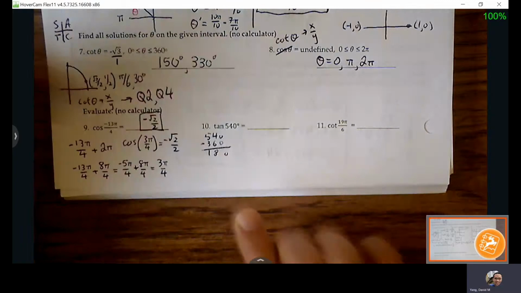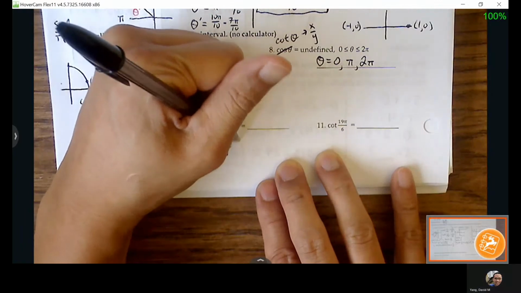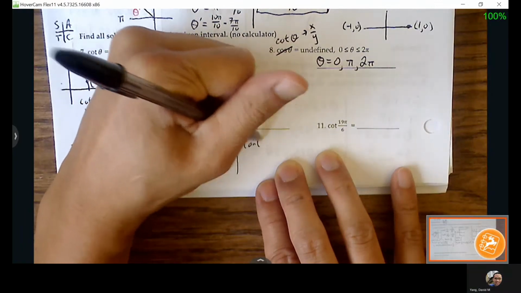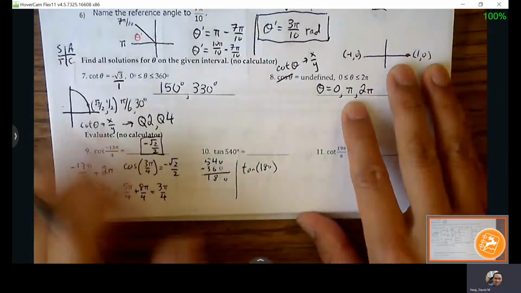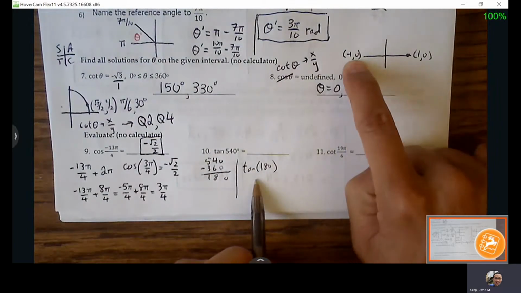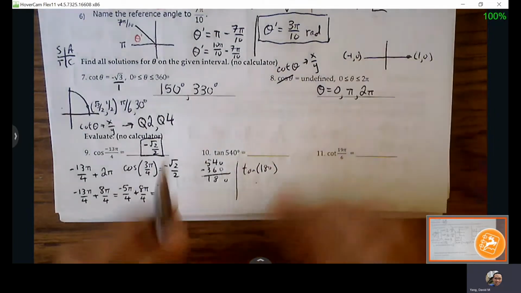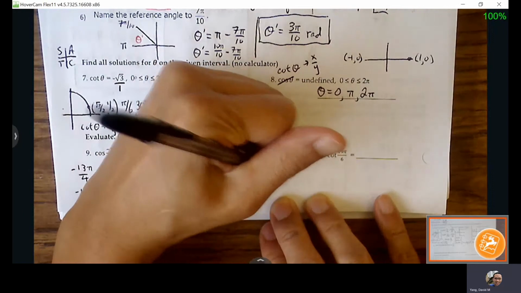So it's just tangent of 180, right? Tangent is y over x, 0 over -1, which is 0.